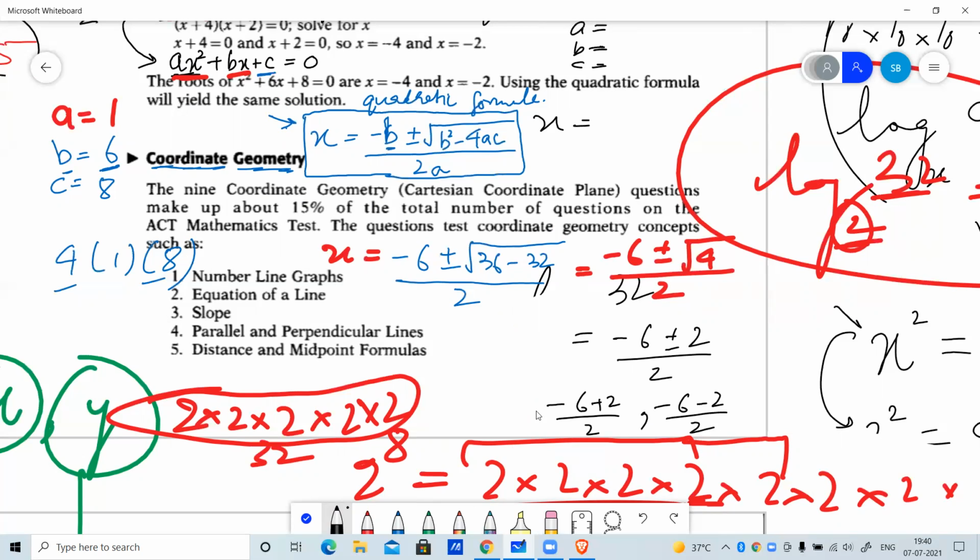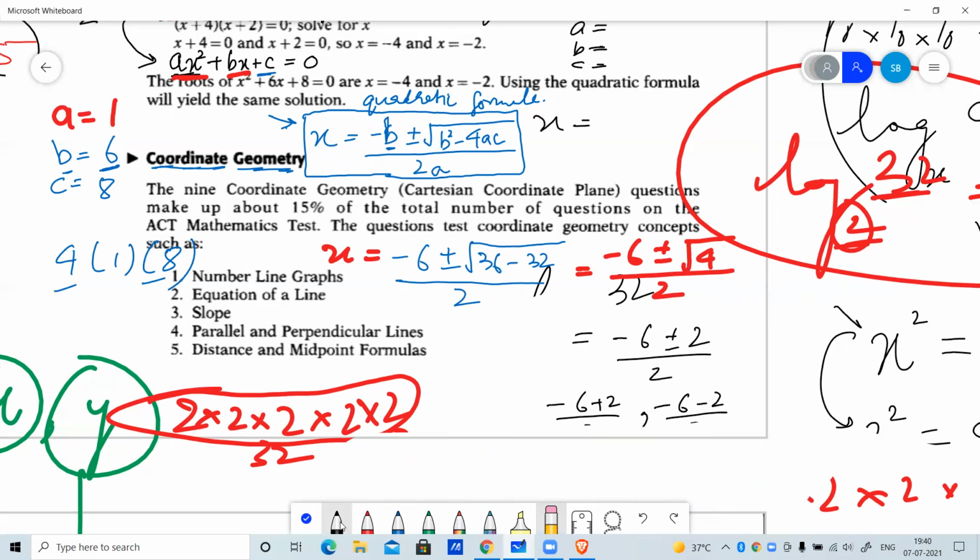So how much is negative 6 plus 2? Negative 4. Divided by 2? Negative 4 divided by 2 will be negative 2, right? 2 times 1, 2 times 2, so it'll be negative 2.